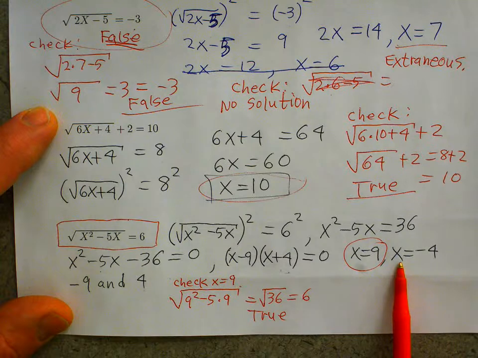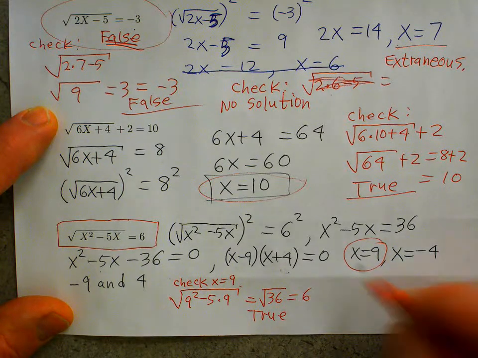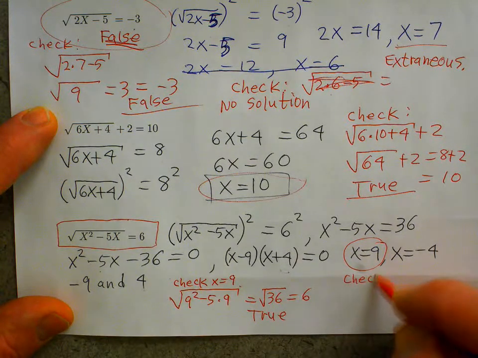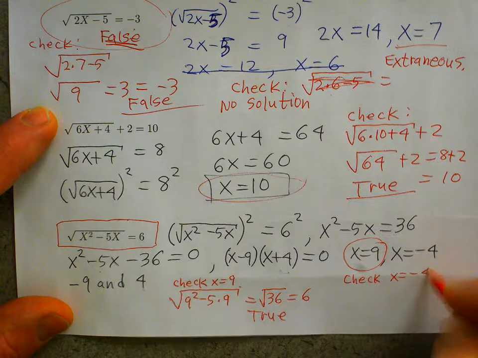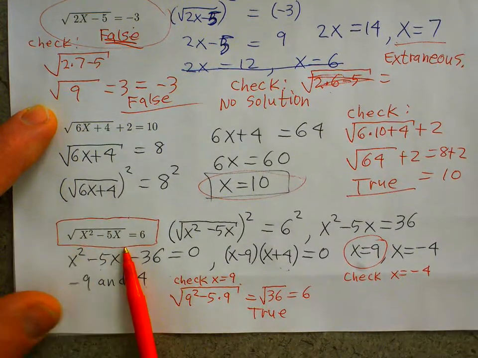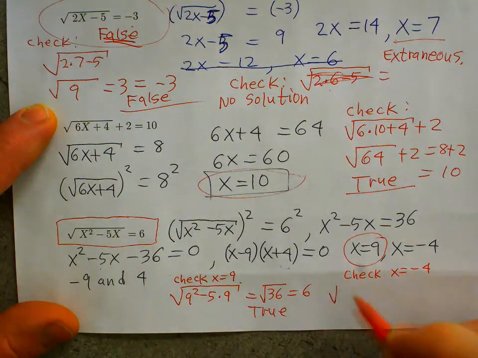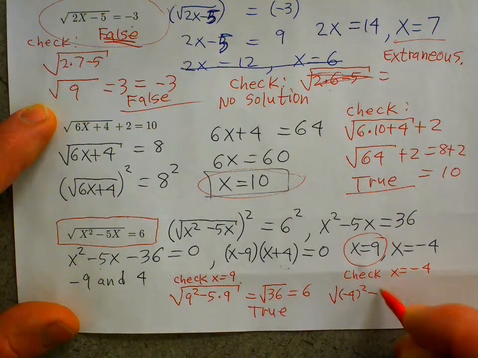Then when we test or check x equals negative 4, replace every x with negative 4. So we have the square root of the number negative 4 squared minus 5 times negative 4.